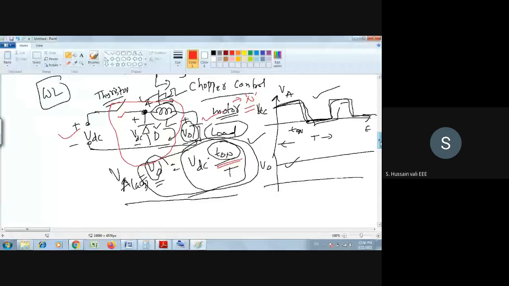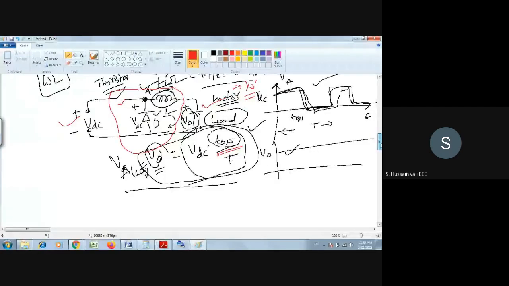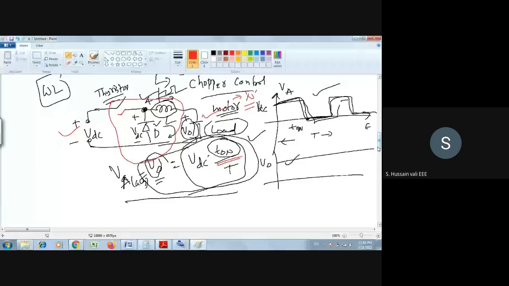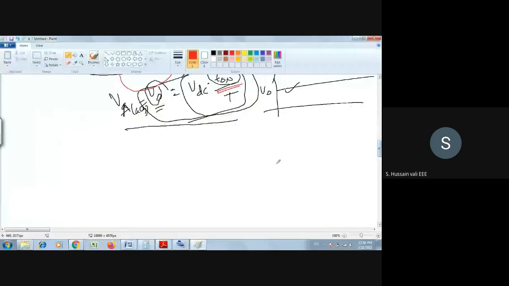How do you control this T on? That is one question that is always there. Here I will write: V naught is equal to VDC into T on by T. Now this T on by T is generally called the duty cycle.